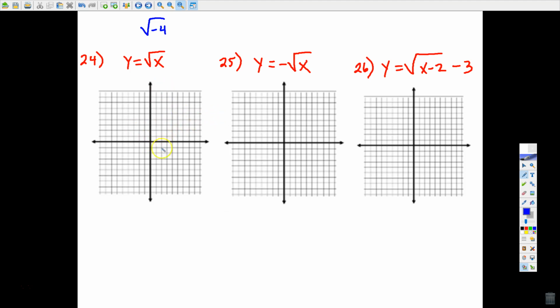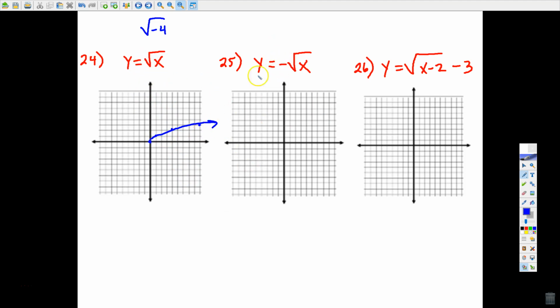Not just randomly, but we just use perfect square numbers to get some easy points, like input 1, output 1. Input 4, output 2. Input 9, output 3. So those represent points that we can use for the parent.